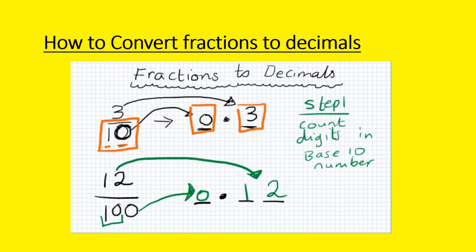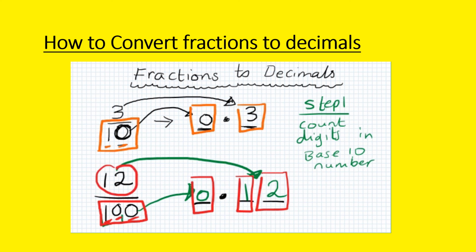The base 10 number here is 100, and this 100 has got 1, 2, 3 digits. Let's look at the decimal: 1, 2, 3. It had enough for 3. So the number at the top went after the decimal point.